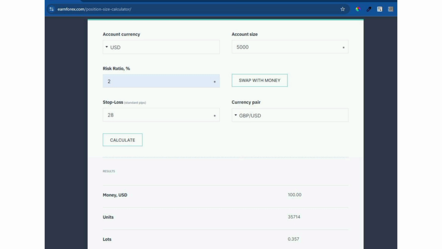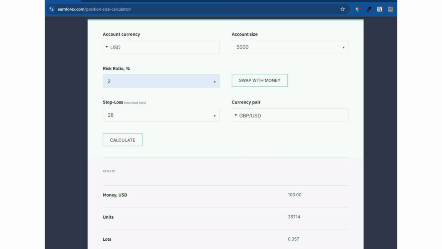Once you place a trade with this particular lot size, if the trade hits your stop loss, you would only lose 2% of your trading capital, and the 2% should be $100. You also see that on the money section of the calculator.